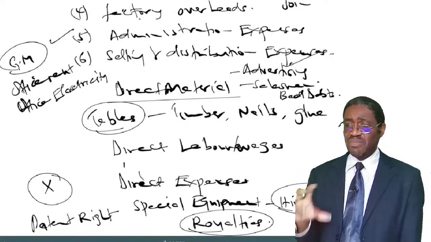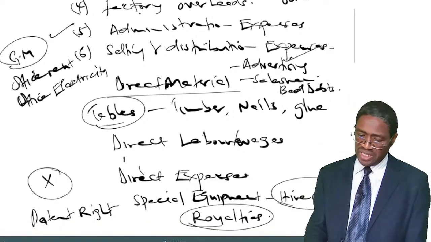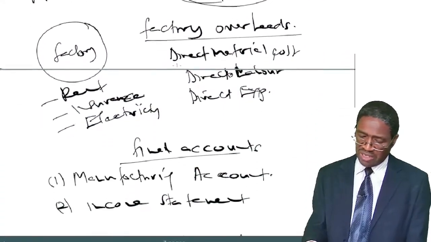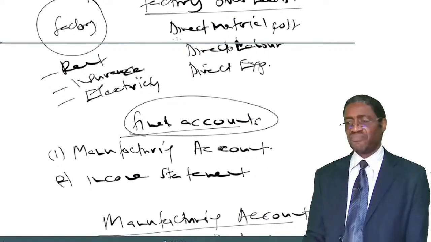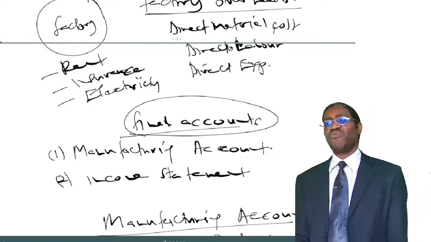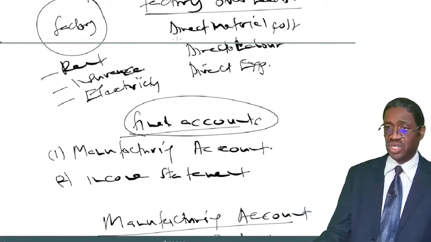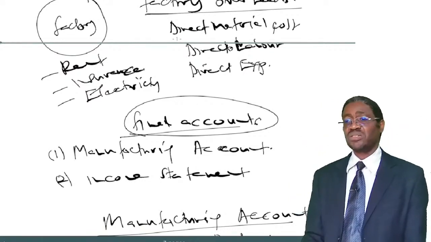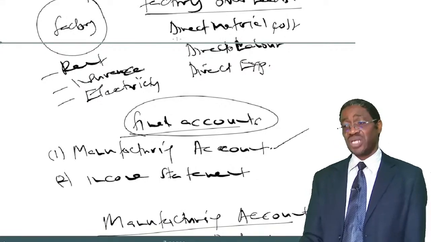So I'm now through with the notes about the elements of costs. Have another subheading now: final accounts of a manufacturer. Number one, manufacturing account.